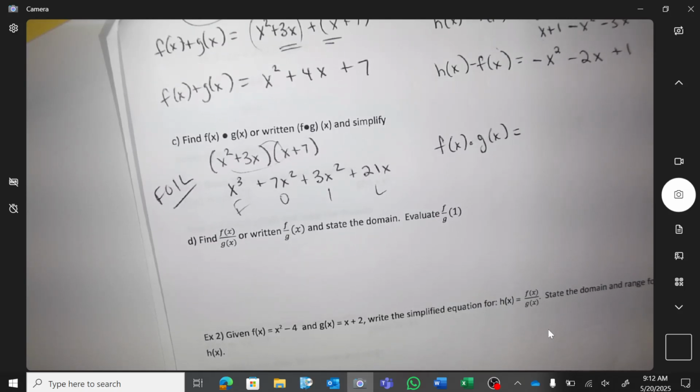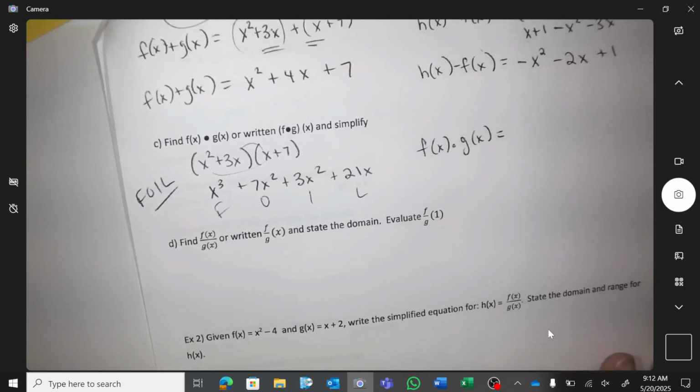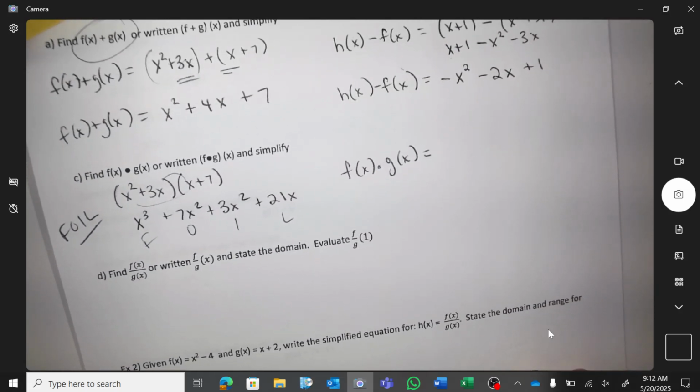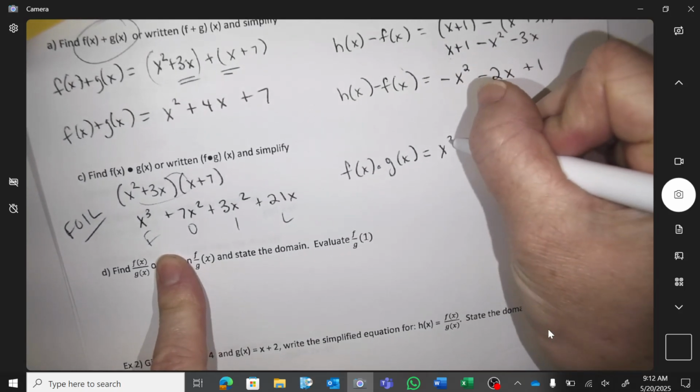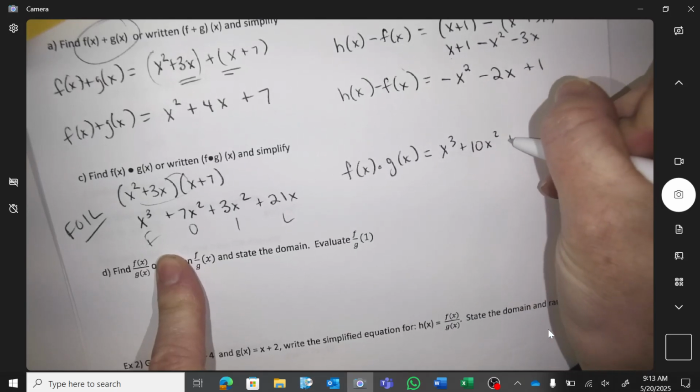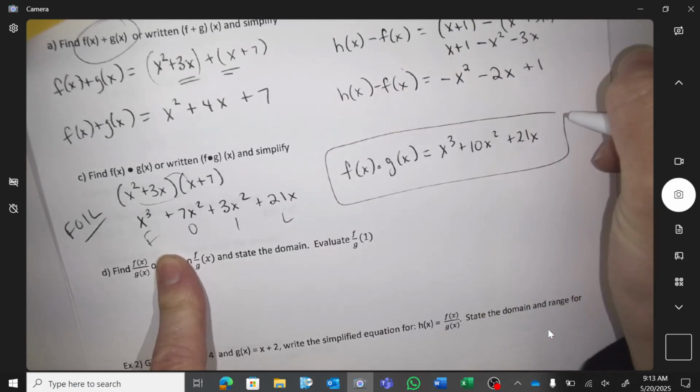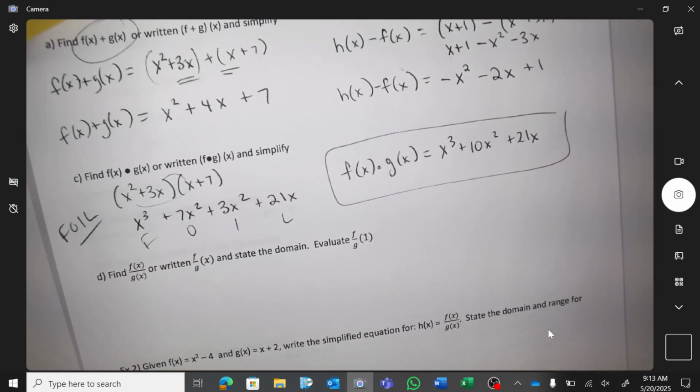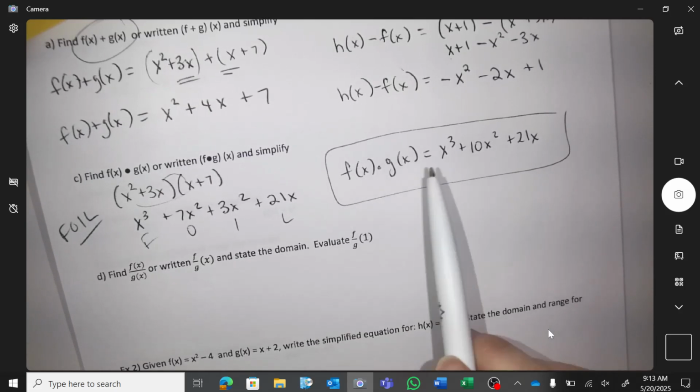Okay, so you saw what I did. I FOILed. And what else in the simplification after you distribute? Is there anything to collect? Okay, FOILed, collected.